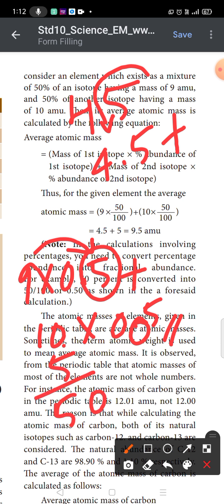After multiplication is over, how many digits are there next to the decimal? Only one digit. So one digit we have to move forward.